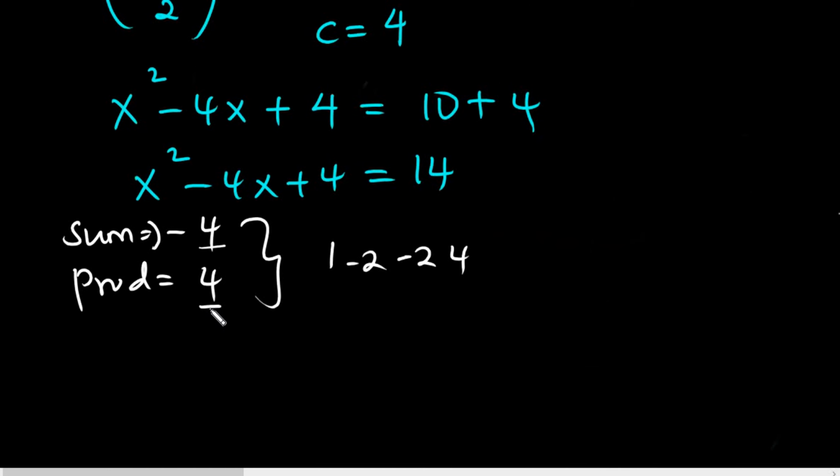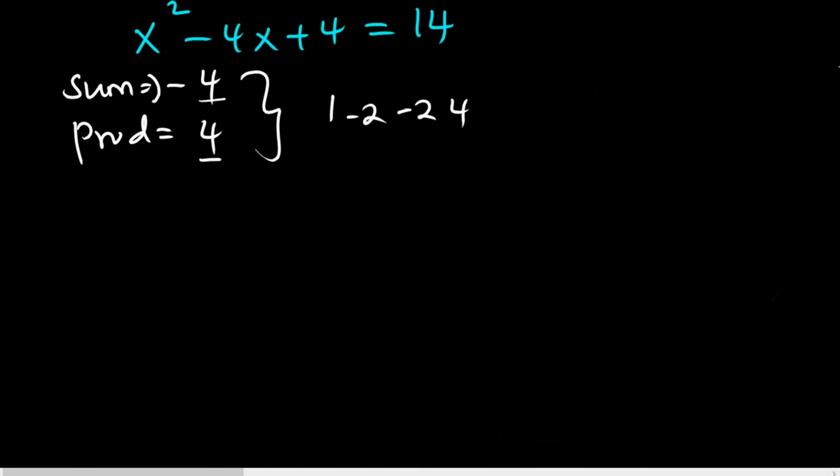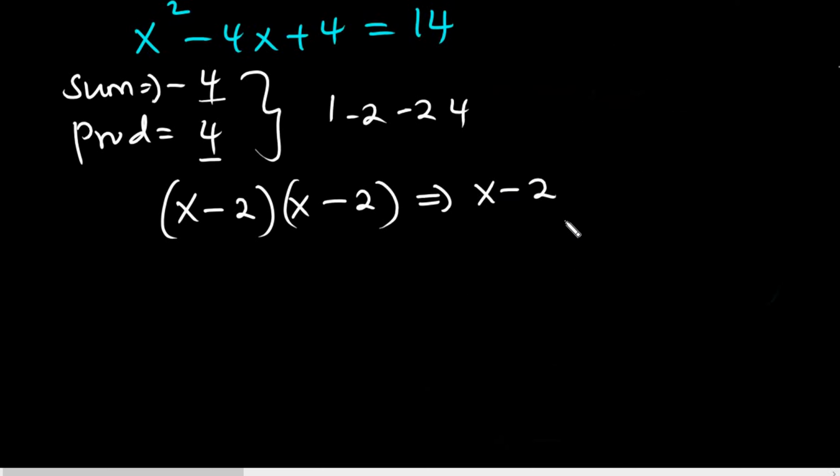So those are the two numbers, and then we are going to have x minus 2 and x minus 2, okay, which we can also write as x minus 2 squared. So we have factorized it.